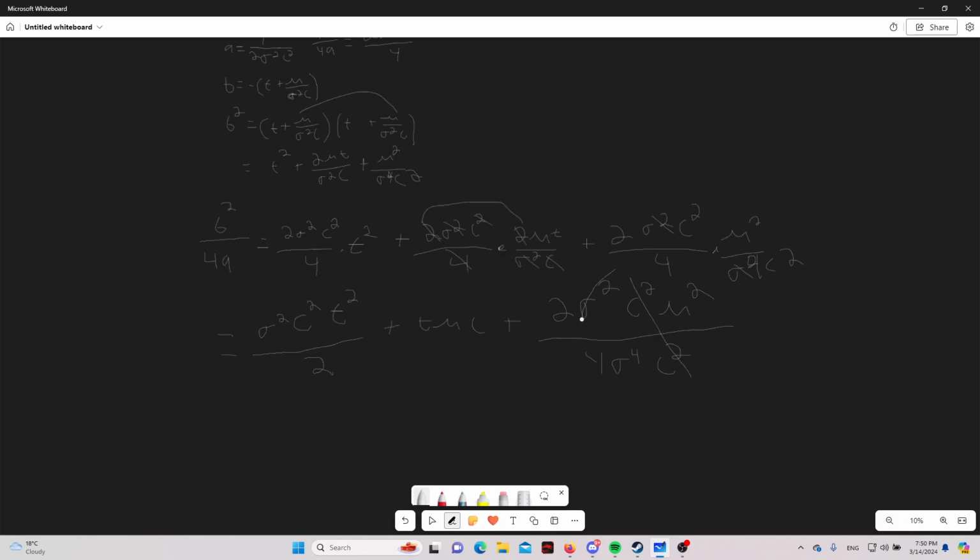This cancels out, and this becomes squared. And then the 2 cancels out, this becomes 2. So this will become mu squared over 2 sigma squared. So let's just replace that.